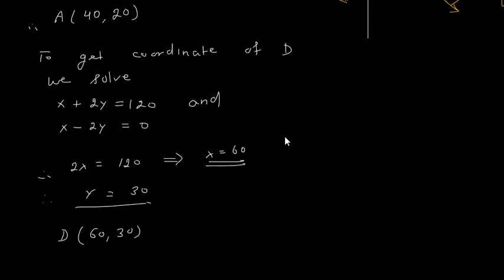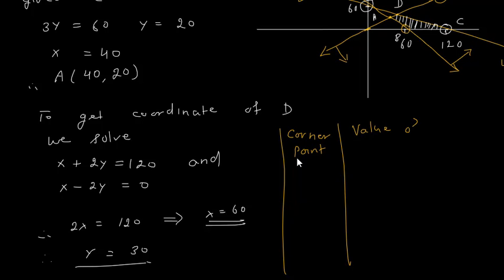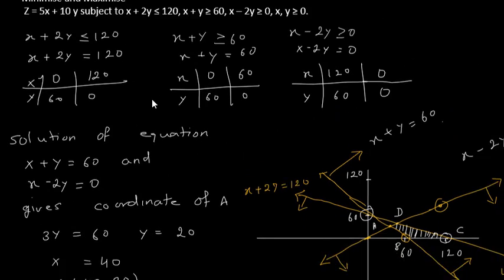So I will find now the values of z at point A, B, C and D. So here we will draw a table where we have corner point and value of z. So z here we have 5x plus 10y.